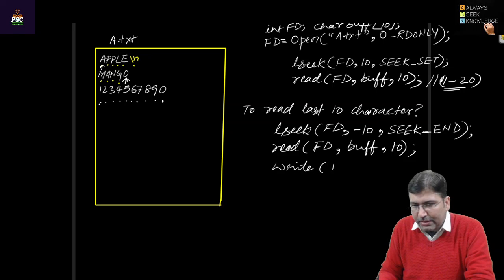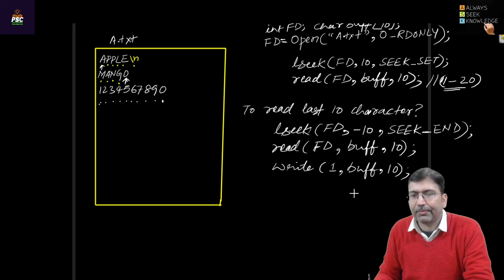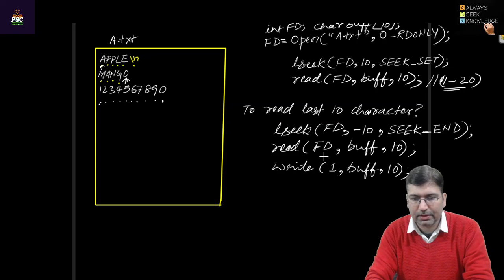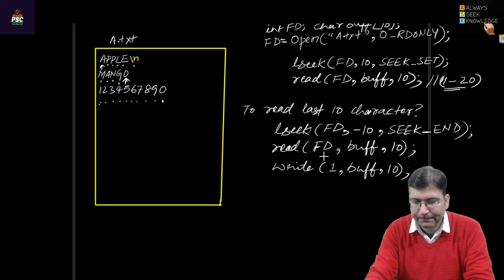If you want to write on the screen, and whatever data you want to write, let's say the buffer character array, if you want to write 10 characters, you write 10. So I hope you must be able to do all these things. Let's have a quick demonstration so that you can understand it properly.